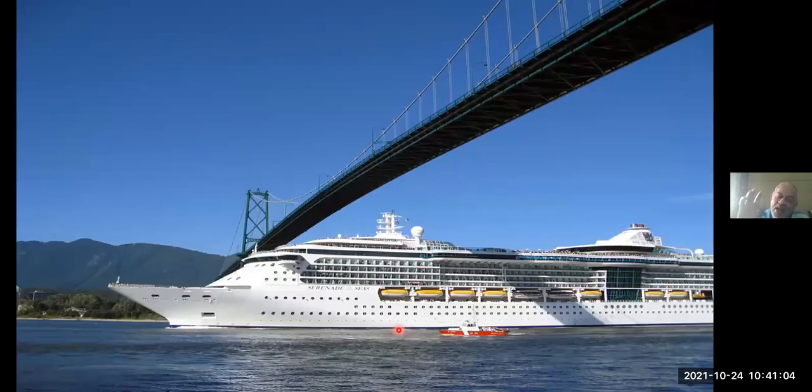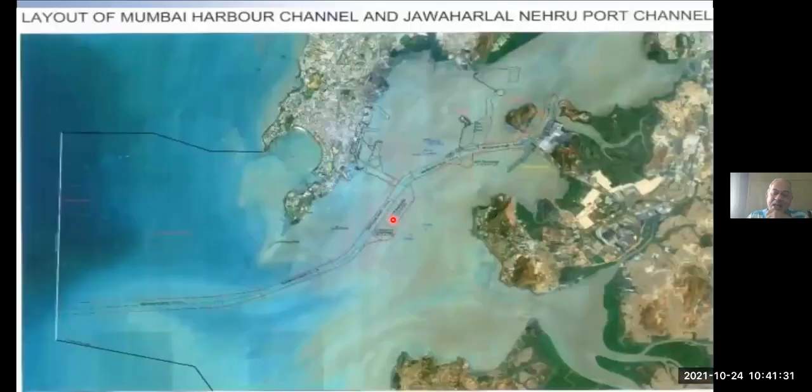Everybody knows that. Pilots who come will decide whether the ship can go under the bridge or not. Suppose too much water has risen, then sometimes the mast may touch the bridge and damage the bridge as well as the ship, and sometimes it can be a major accident. That's why one has to be very, very careful.